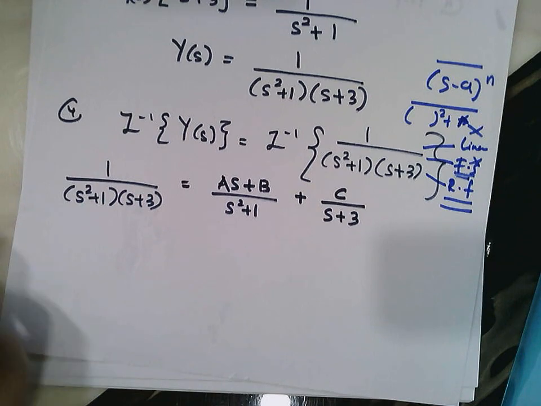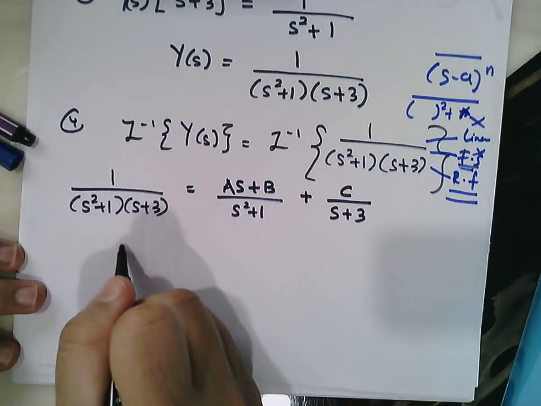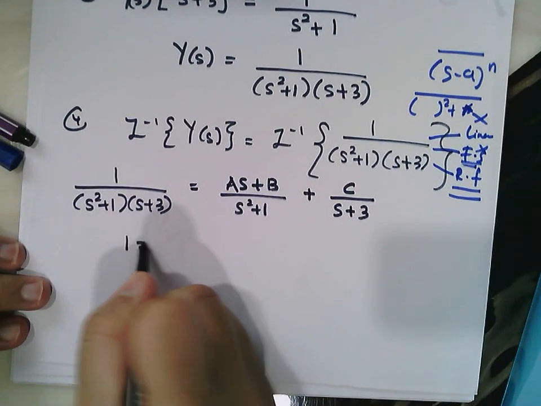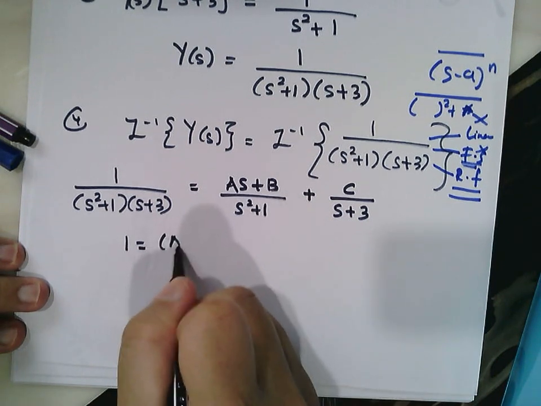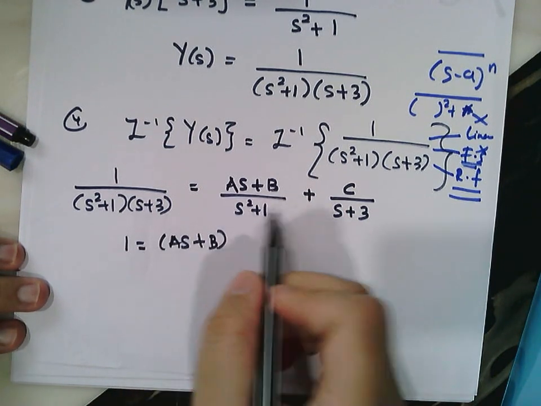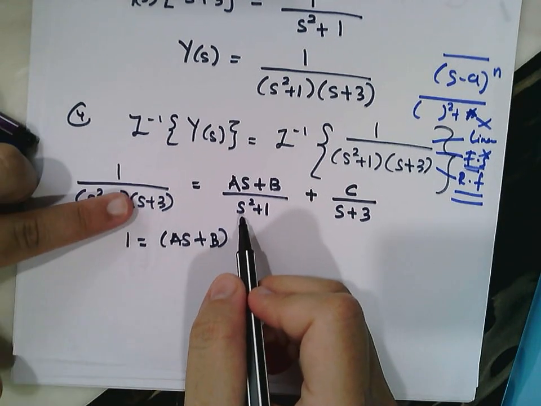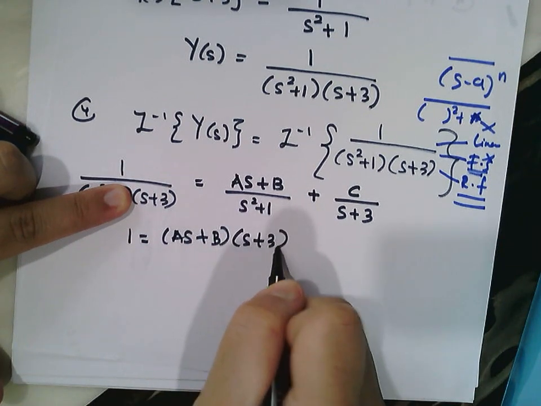So how are we going to find the values of A, B and C? By comparing the left hand side with the right hand side, you will have 1 equals to, the first function is As plus B. Compare the denominator part. You already have s squared plus 1, so the term that is missing is s plus 3.